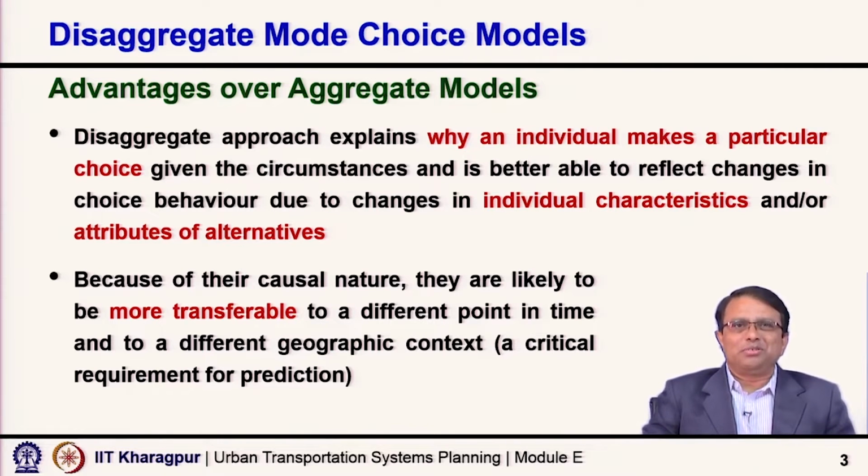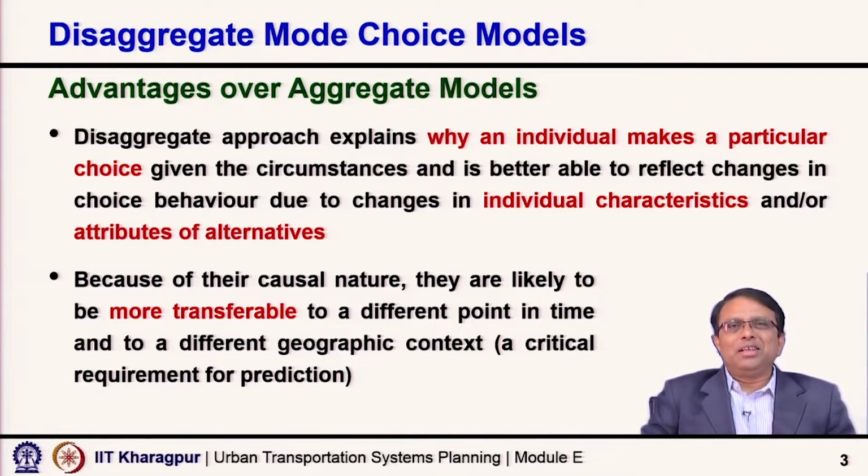What is the reason, given the circumstances, and is better able to reflect the changes in the choice behavior due to the change in individual characteristics and or attributes of alternatives. That means, given a set of alternatives and given individual characteristics, we try to model how an individual makes a choice about the mode.